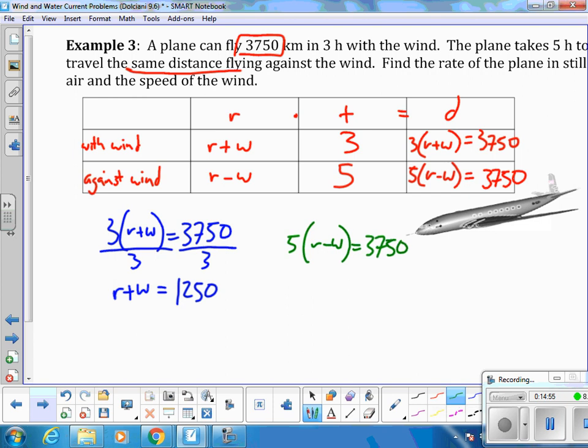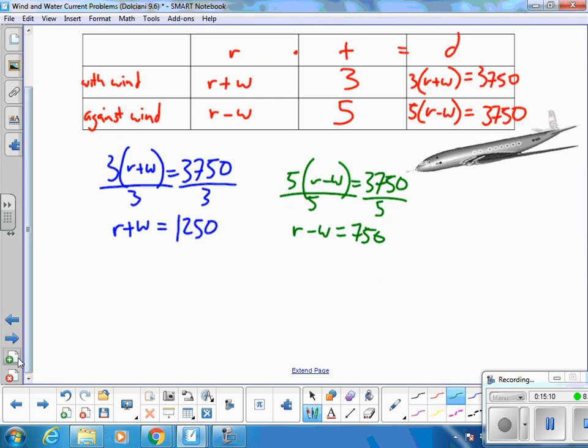That's r minus w. Divide both sides by 5, so I end up with r minus w equals 750. And that's a 50 there. All right, I'm going to go ahead and align these two equations so I can use elimination.